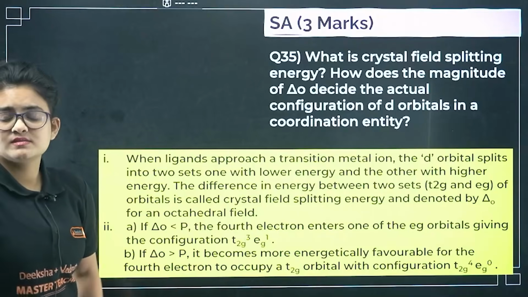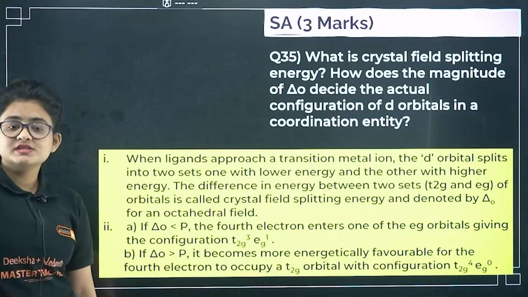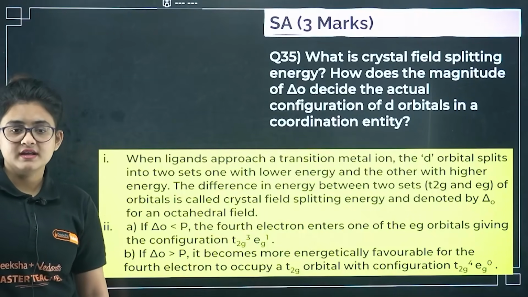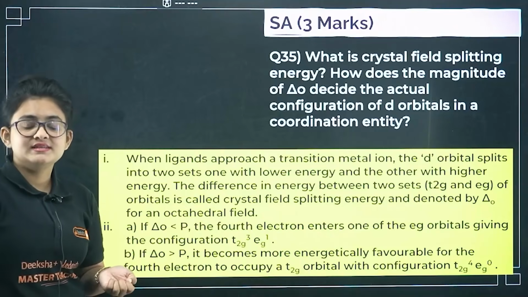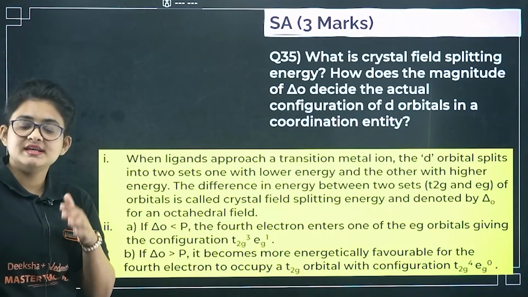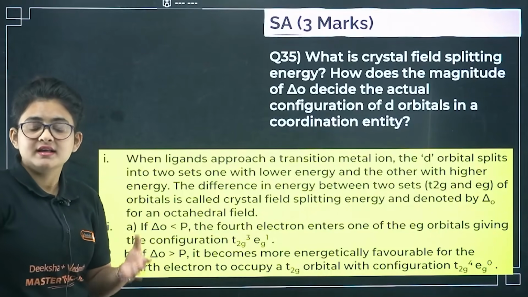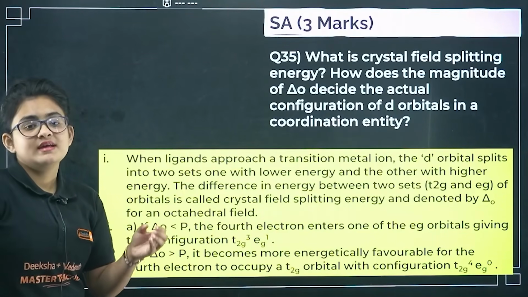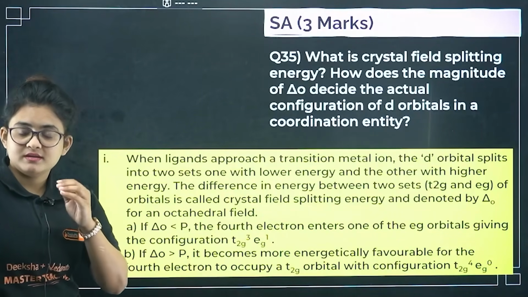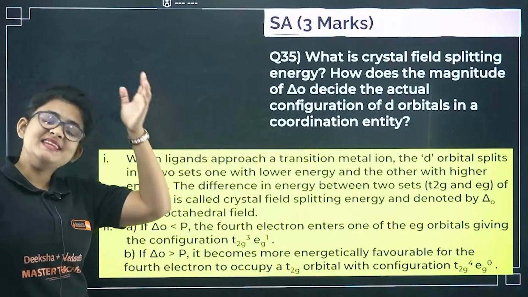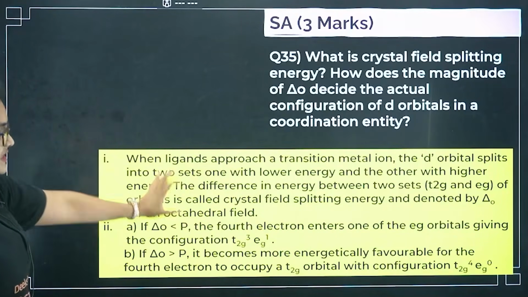It depends upon the ligand that you are using. If you use a strong field ligand, then splitting energy will be more than the pairing energy, so pairing will take place in T2g, then the electron will go to Eg. If you use a weak field ligand, then splitting energy will be lesser and pairing energy will be more, so the electron will go to Eg first, then pairing will come. That's it. Let's proceed. This is what is written here as well.